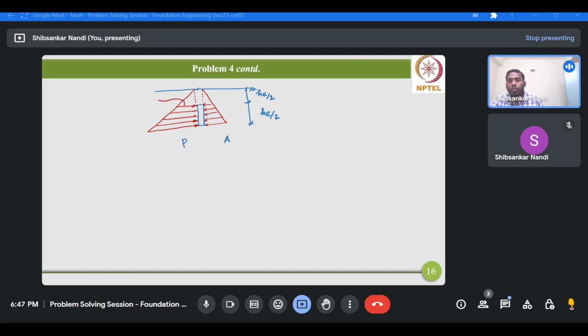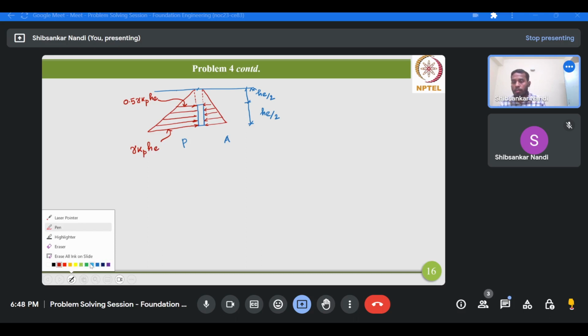Now this value is 0.5 gamma Kp Hg, and this value is gamma Kp Hg.